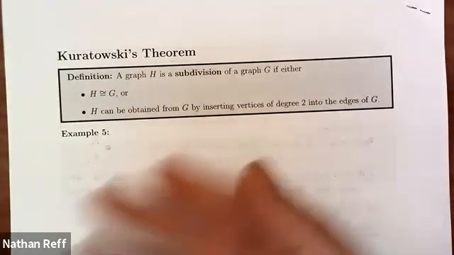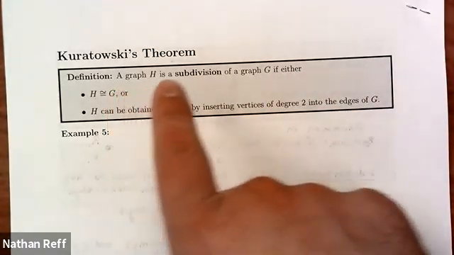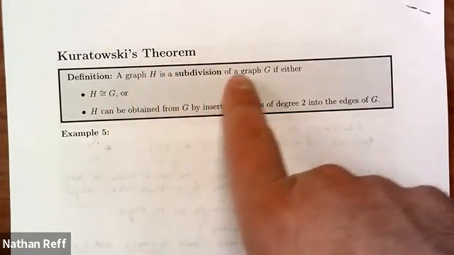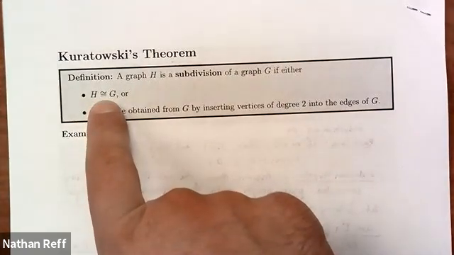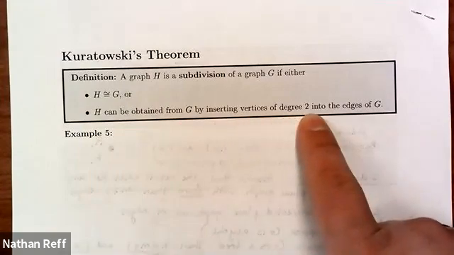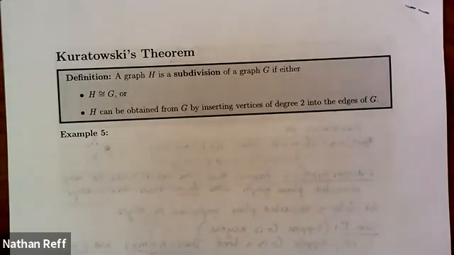In order to do that, I have to define a couple of things. First, what is a subdivision of a graph? A graph H is a subdivision of a graph G if either they're isomorphic, so I didn't really do anything, or H can be obtained from G by inserting vertices of degree 2 into the edges of G. Let me show you what a subdivision is really doing.